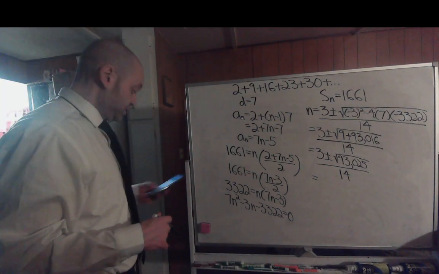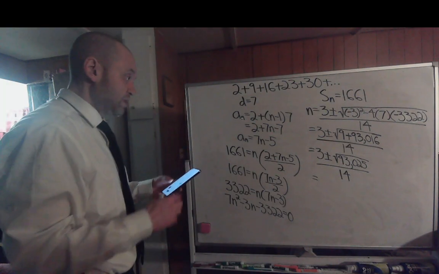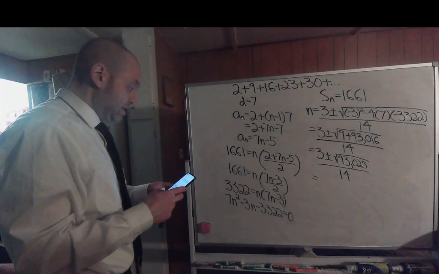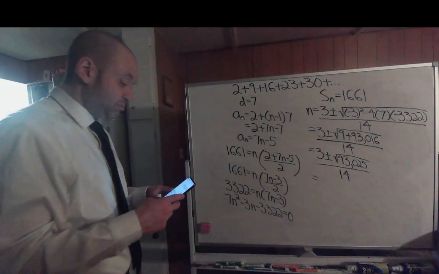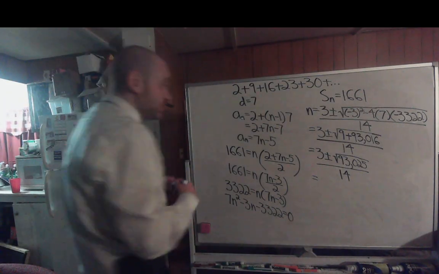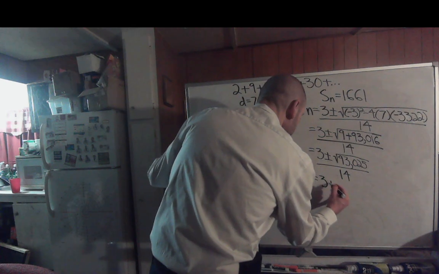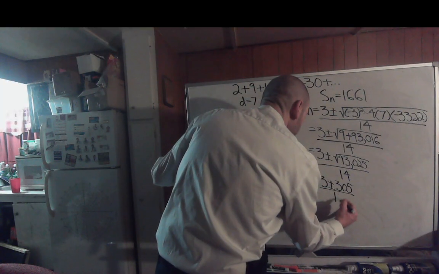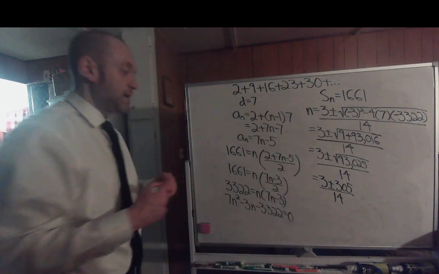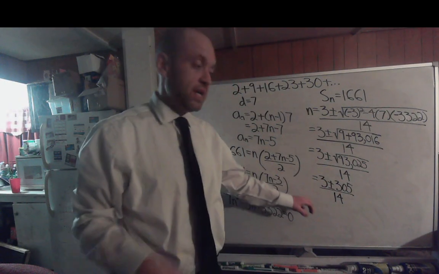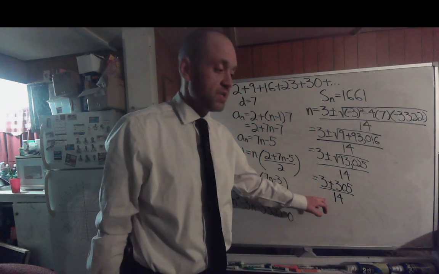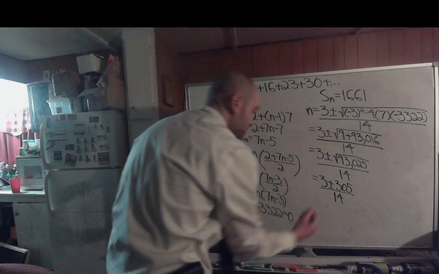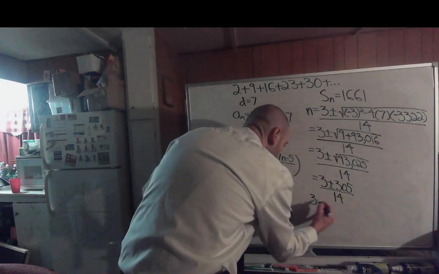So let's figure out what the square root of 93,025 is. Well, that's going to end up being 305. So that would give you 3 plus and minus 305 all over 14. Well, here's the thing. If we did the minus, you would get negative 302 over 14. Well, you can't have a negative term number. So you're going to have to take 3 plus 305 over 14.